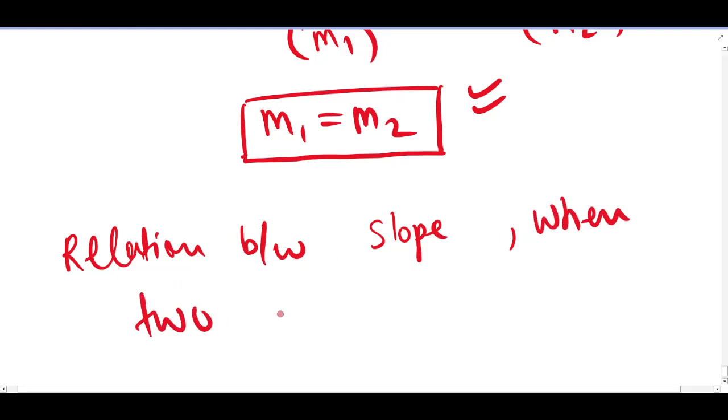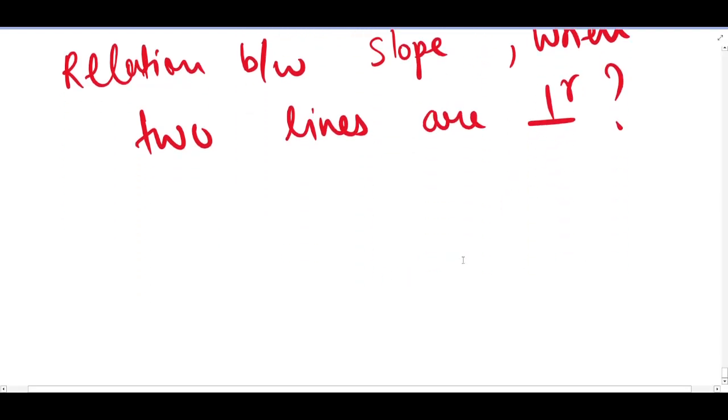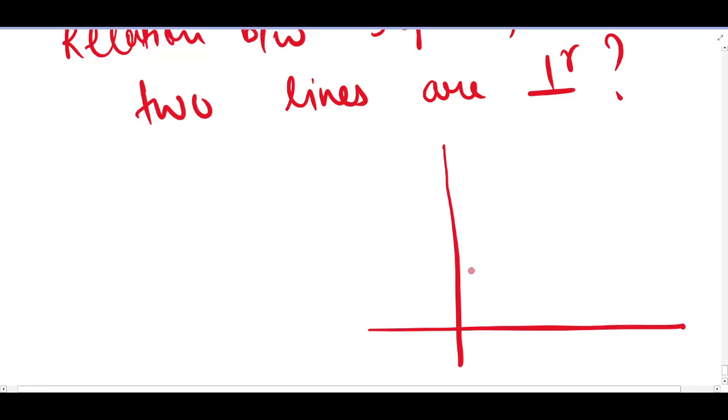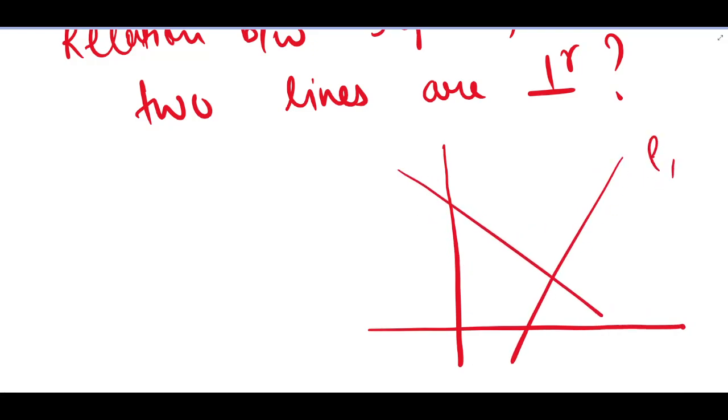When two lines are perpendicular, this is a Cartesian system, and this is line L1 and this is line L2. So this is angle 90°. The inclination angle of line L1 is alpha, and the inclination angle of line L2 is beta.